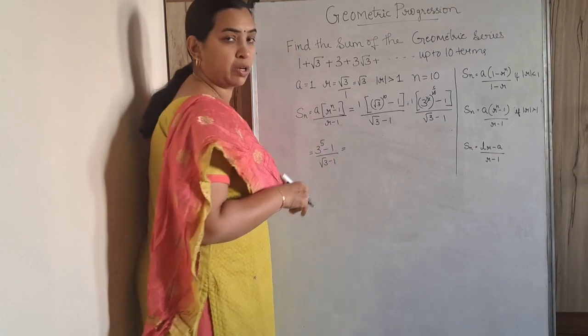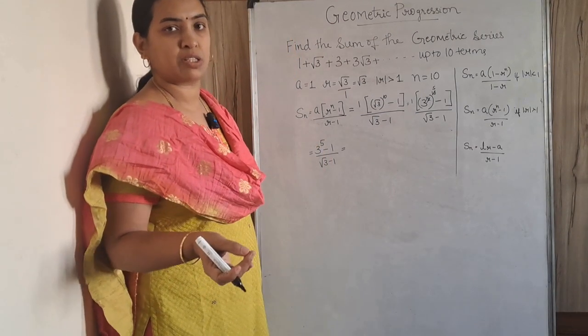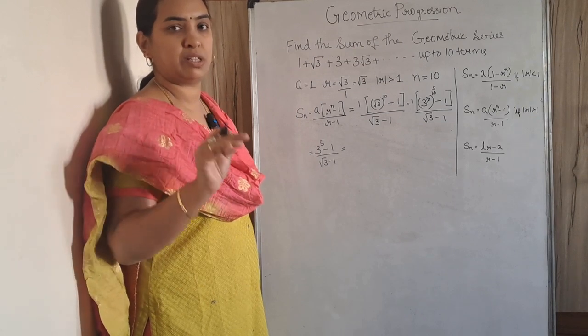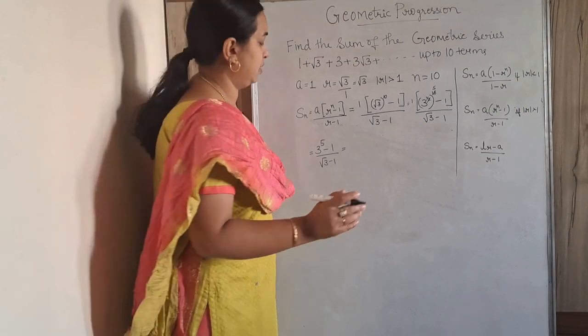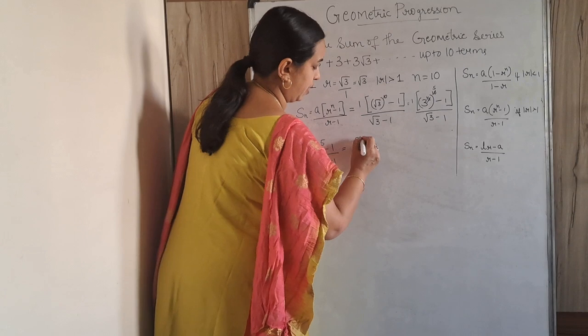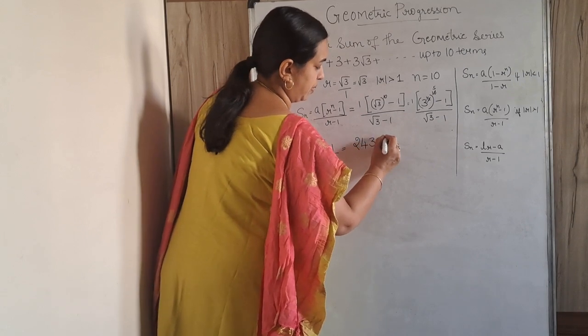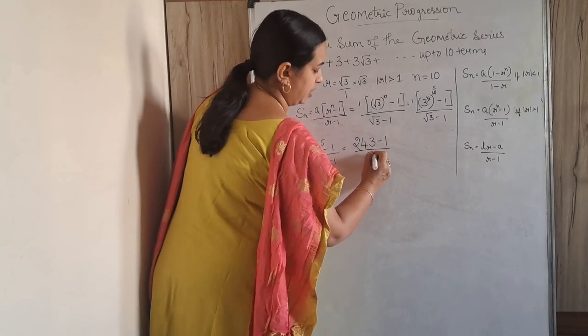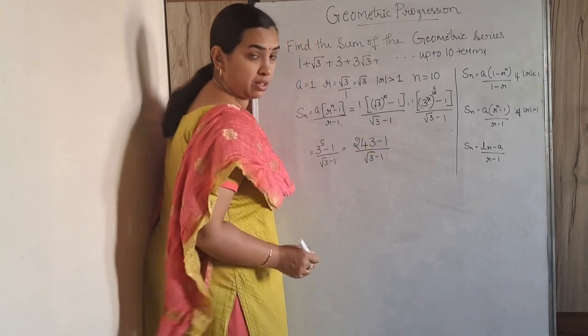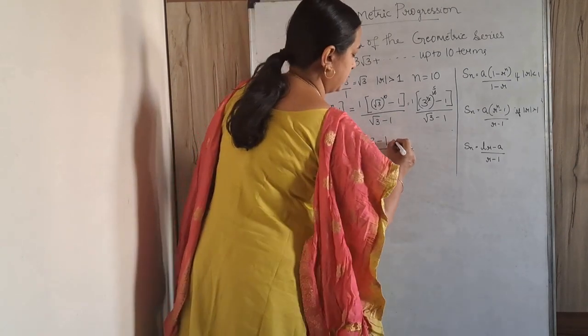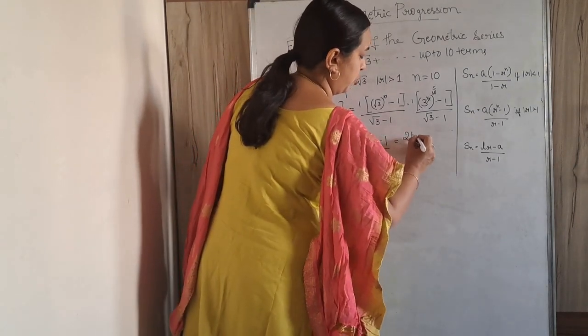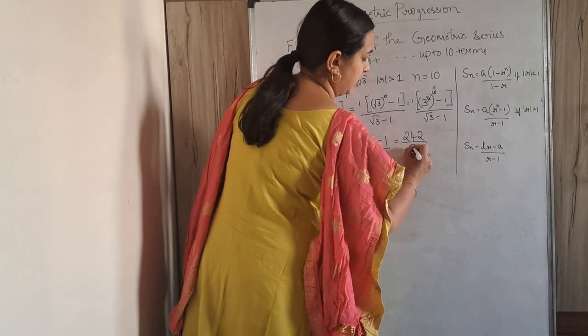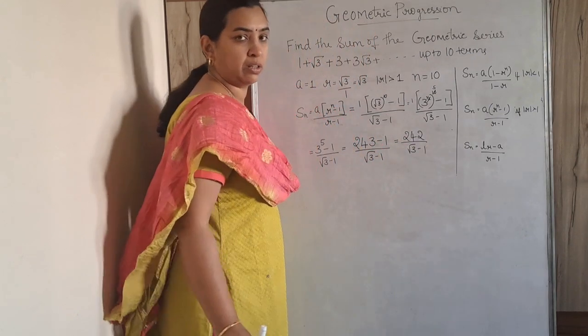So what is the value of 3 power 5? 3 3s are 9, 9 3s are 27, 27 3s are 81, 81 3s are 243. So this will be 243 minus 1 by root 3 minus 1. Okay, so this will be 242 by root 3 minus 1.